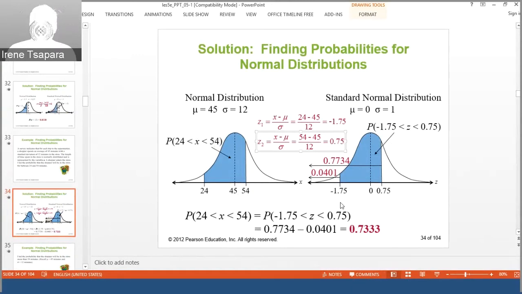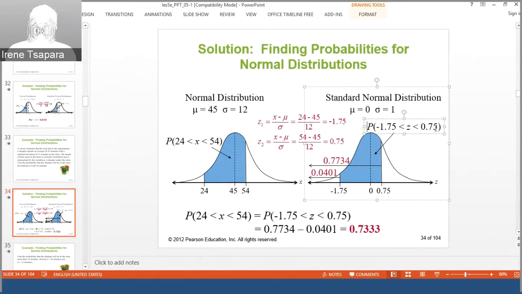So you look right here and you see exactly the numbers, the z-scores that correspond to this distribution. So now I want to calculate the probability for the z-score to be between this and that.